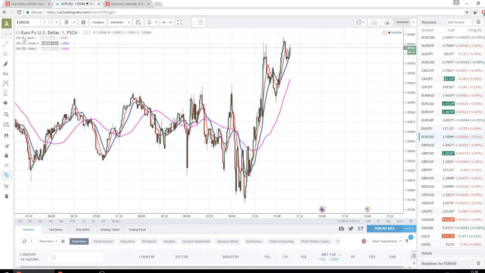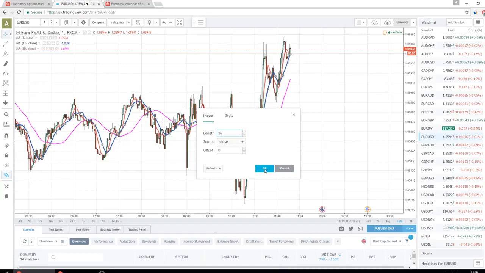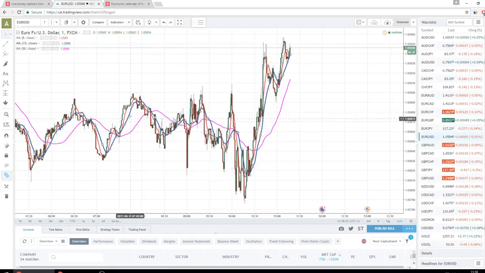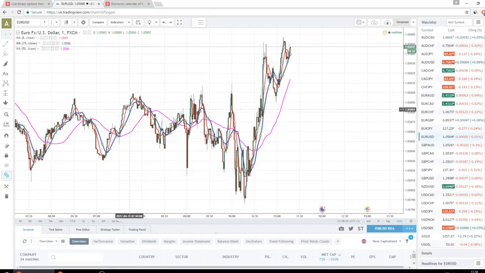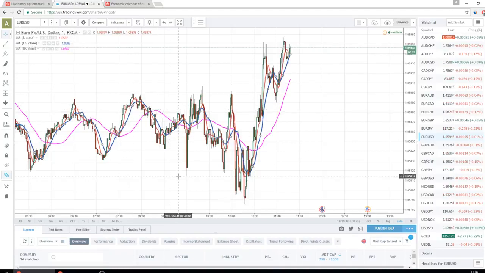So right now I have 8, 15 and 50. Let me change it to 16. So what does it show us, and how can it be used?